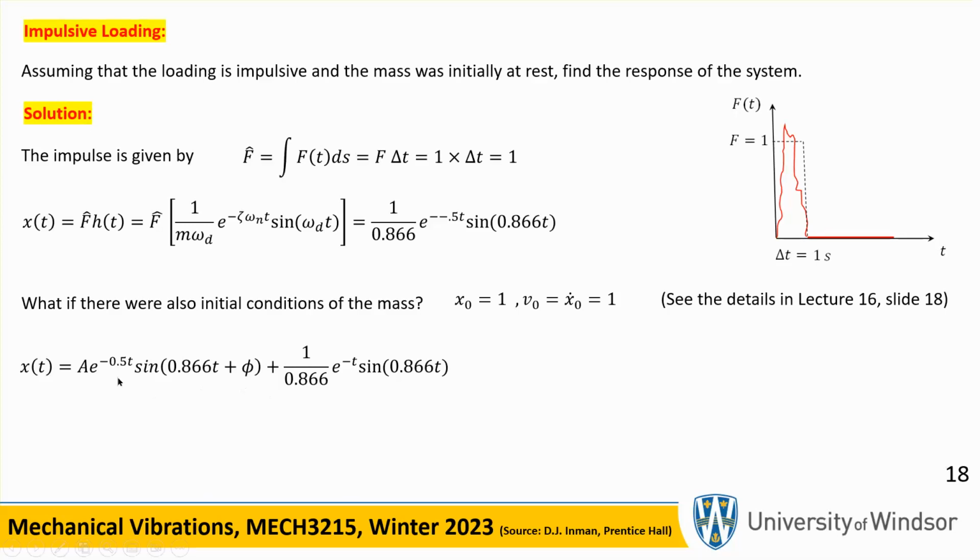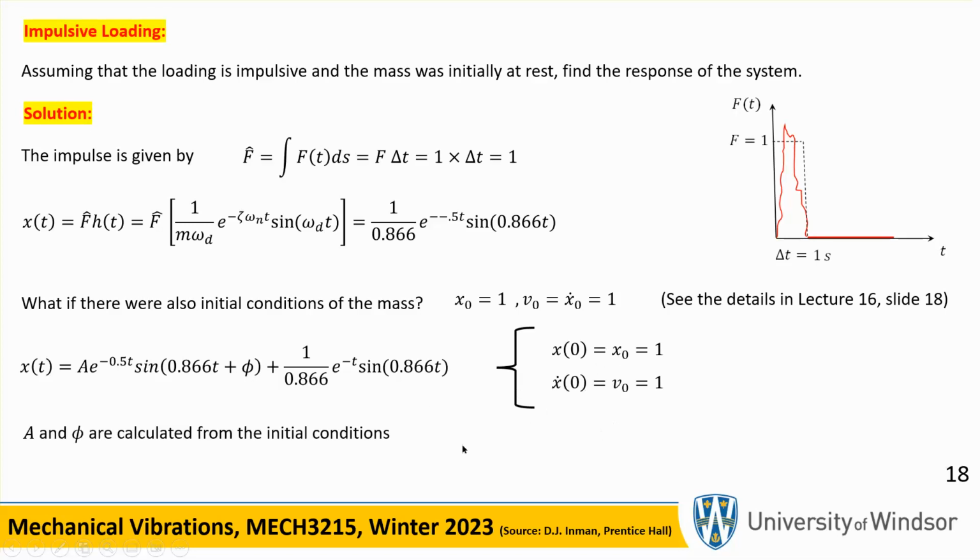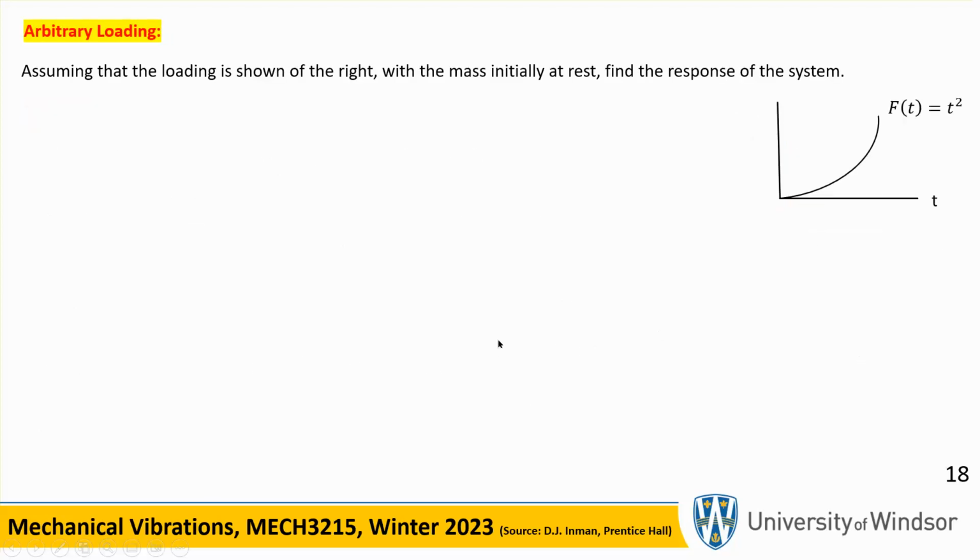And then we don't know what A and phi are. Just like the previous problem that we did, the A and phi were calculated subject to these initial conditions, so just go ahead and find out what we did in 16.